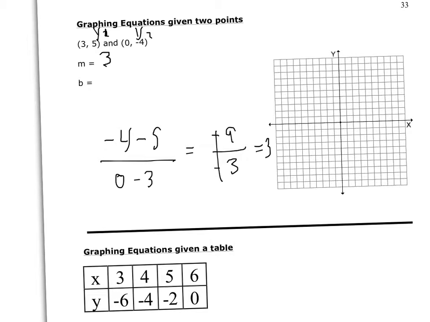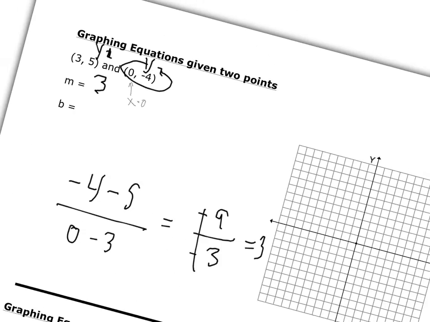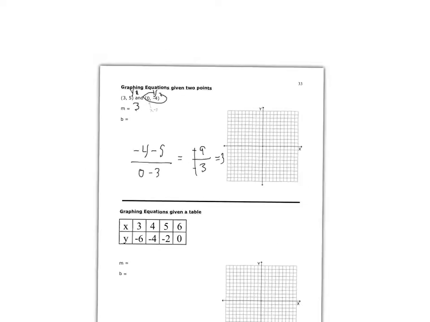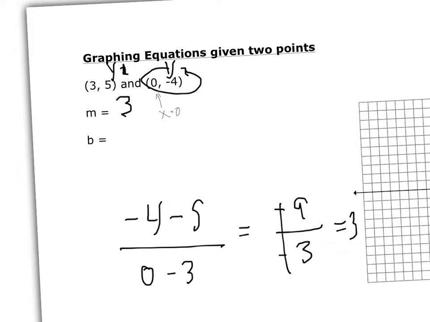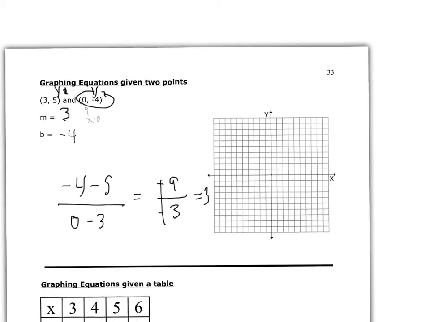And then we want to look for our y-intercept. And we've talked about before, what is the x value of y-intercepts? Well, we know that it's 0, and you'll see that our ordered pair right here does in fact have an x value that is 0. Okay, so since we know that that is a y-intercept, our y-intercept on this one would be -4. So we can go ahead and then graph our information based on that.